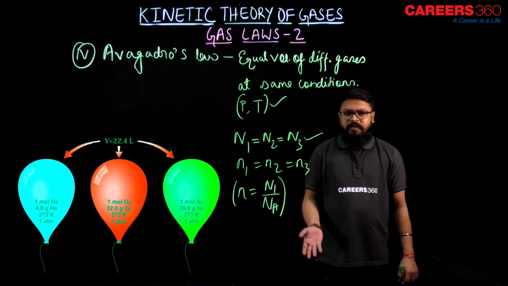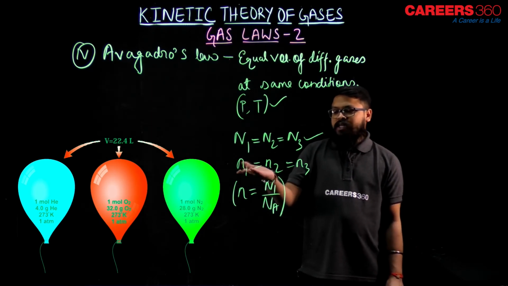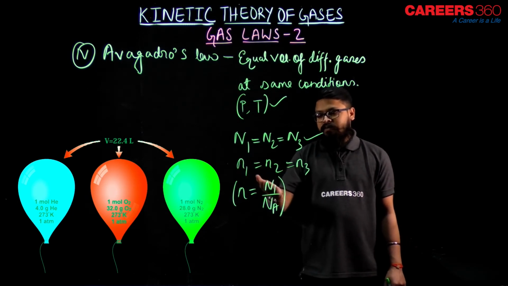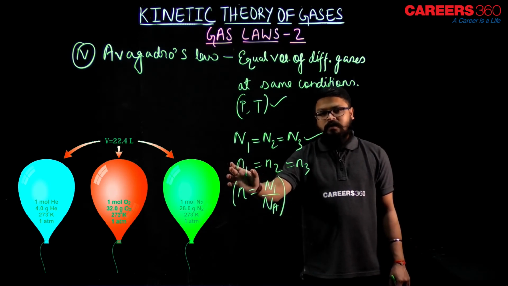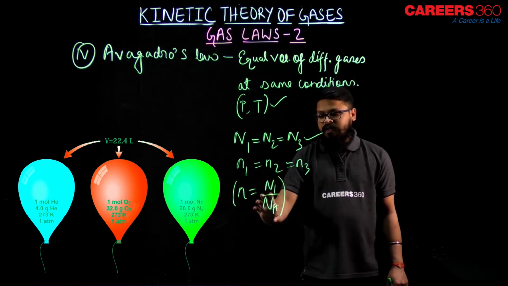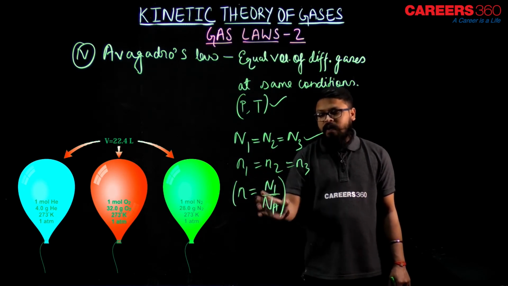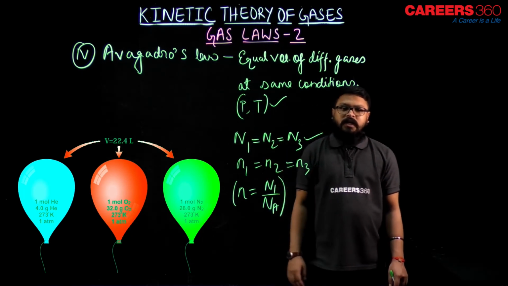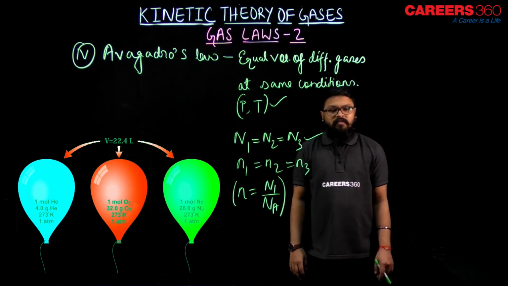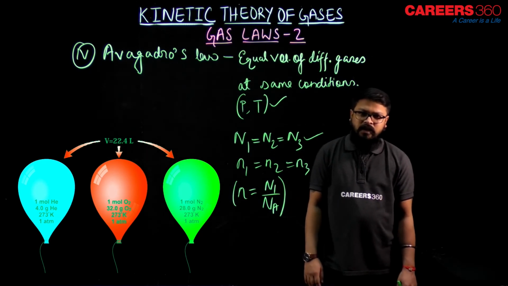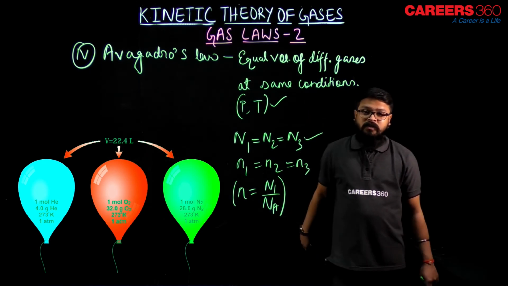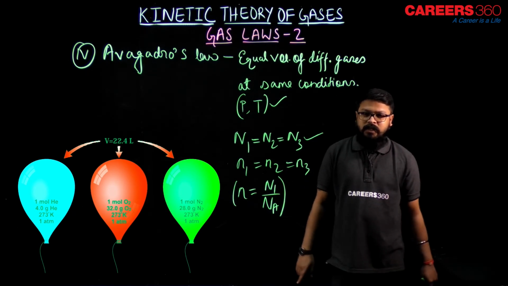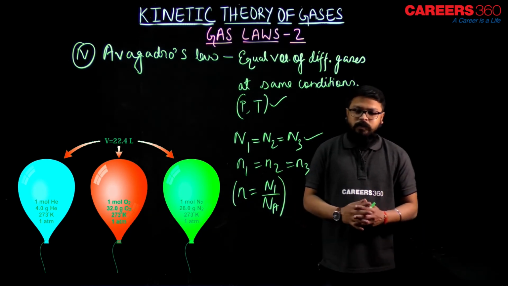So Avogadro's number for all the gases would be equal. If we substitute, instead of mole 1, mole 2 and mole 3, N1 by Na, N2 by Na, N3 by Na, and Na gets cancelled, and that is nothing but N1 equals to N2 equals to N3, that is number of molecules of all the three gases of equal volumes at same conditions, that is pressure and temperature, would be equal. I hope you understood that, right.